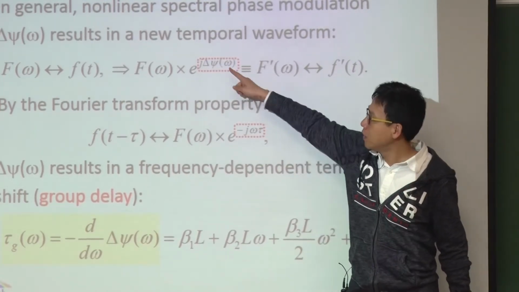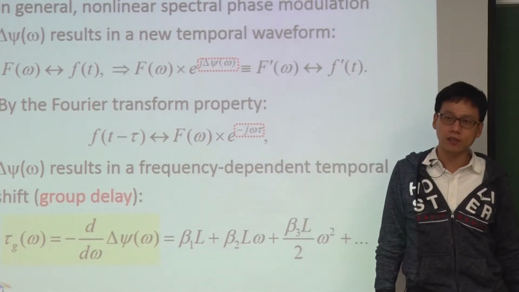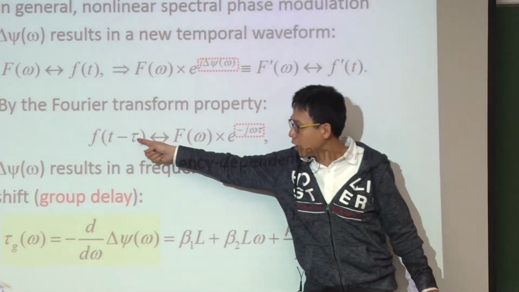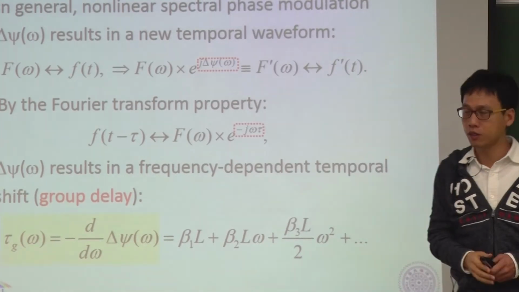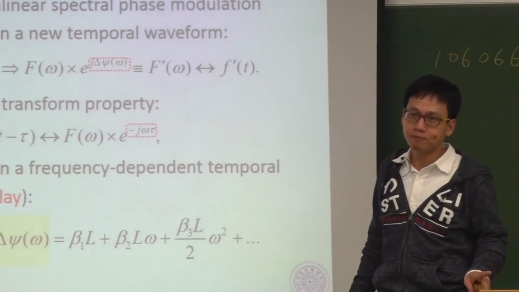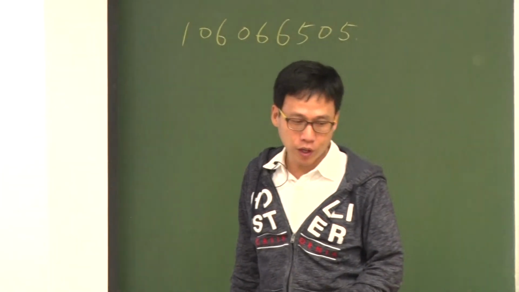But this time, if this is a nonlinear function, derivative is not a constant. It's a function of frequency. So you have a shift tau, but it's not a constant shift. It's a frequency-dependent shift. So that's why it's termed group delay function.